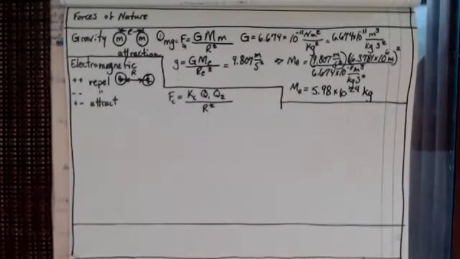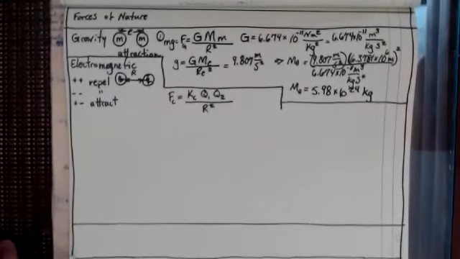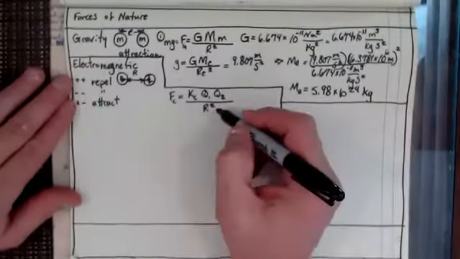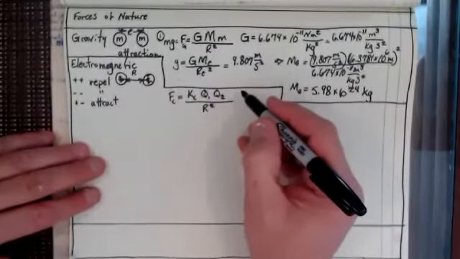So when you first learn this K, you're thinking to yourself, well, what the heck is K? I think that we told you originally it was like 9 times. We can actually work out what the units of K are, because this is not the real equation.